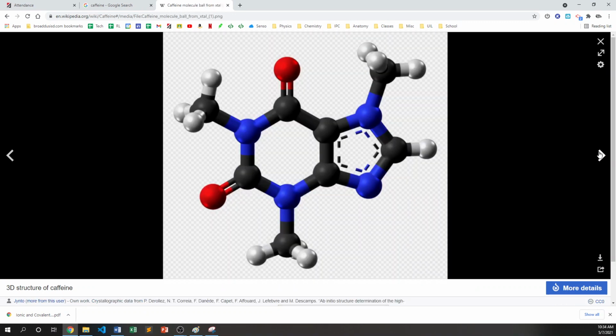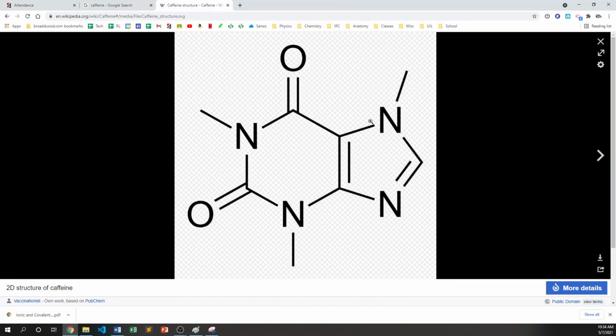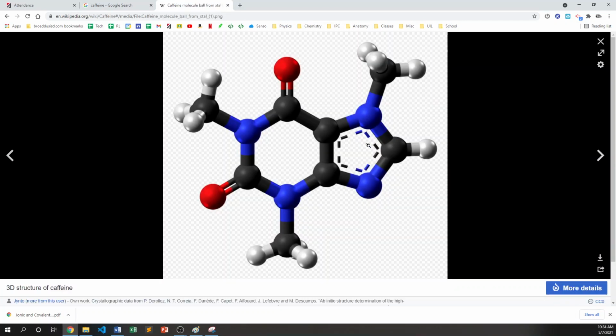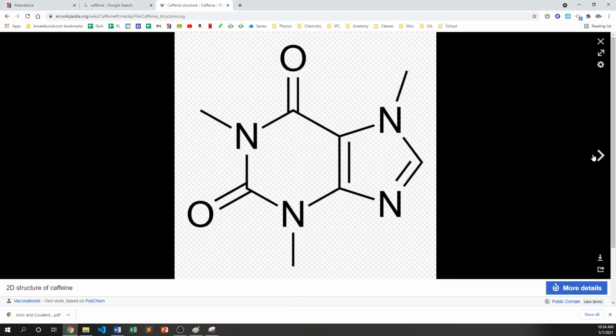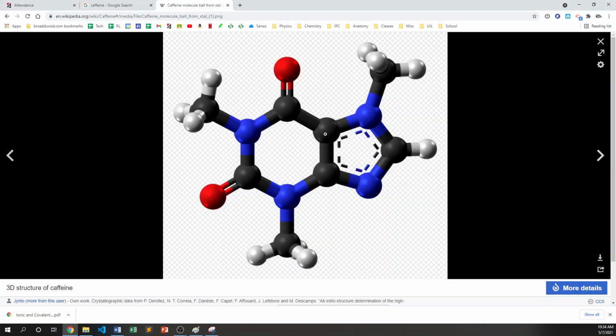Same shape. We see the blue nitrogen, so 1, 2, 3, 4. I'll explain this in a little bit. You see the 2 oxygen in red. And anywhere there's an intersection, we see this black. What do you think the black is?